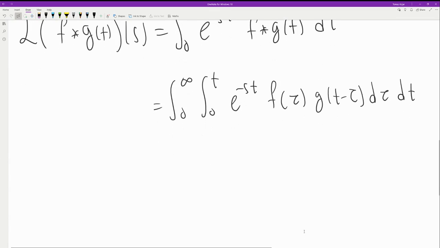So now we will swap the integrals. This is tau, this is t.